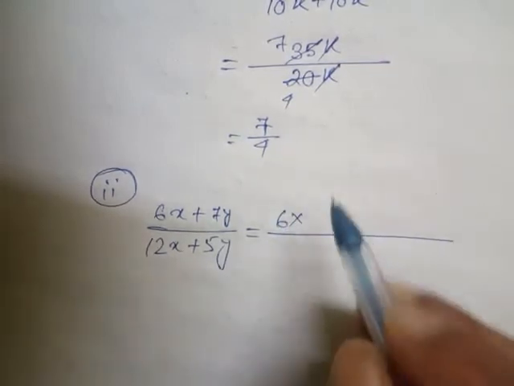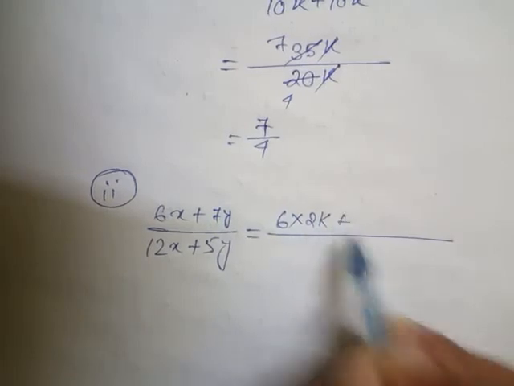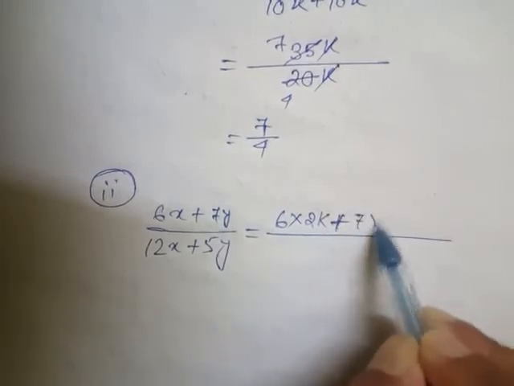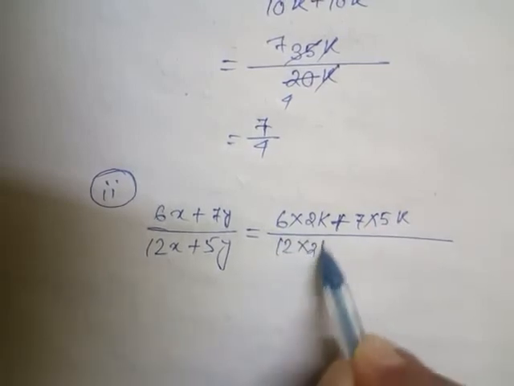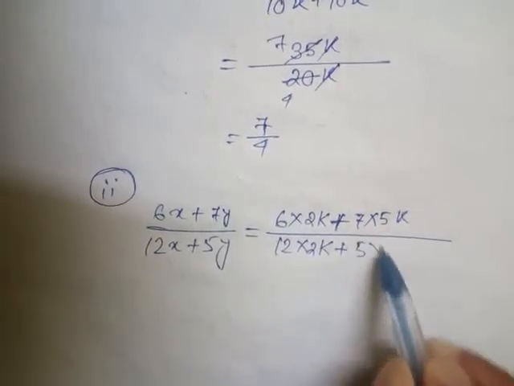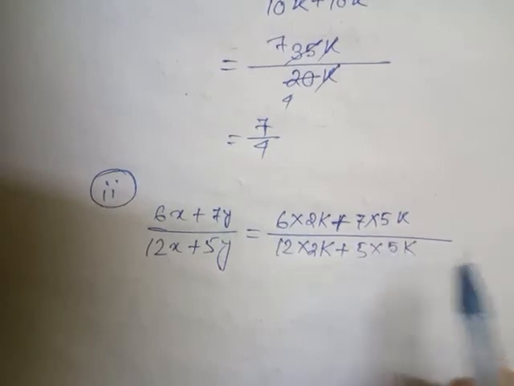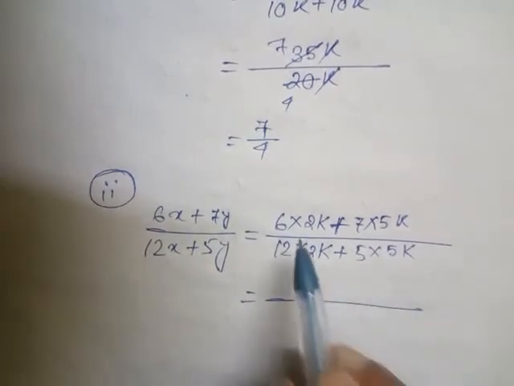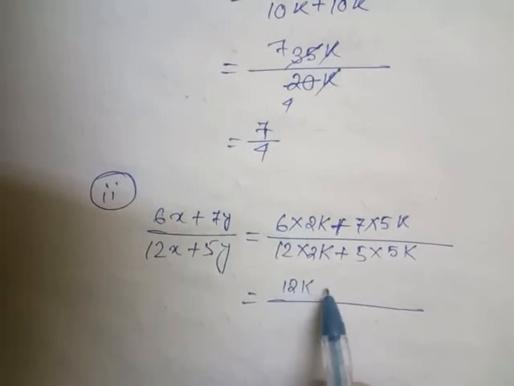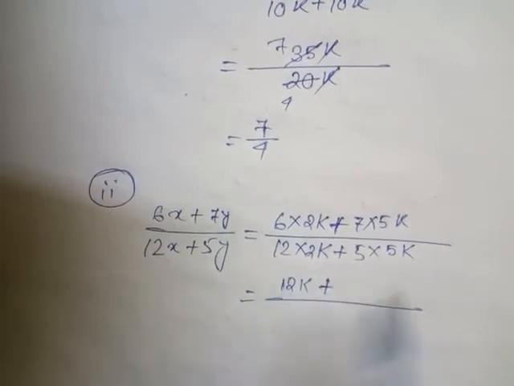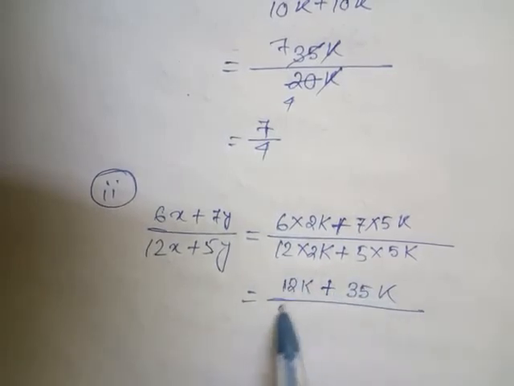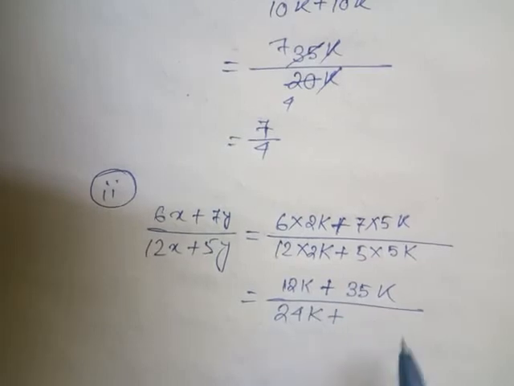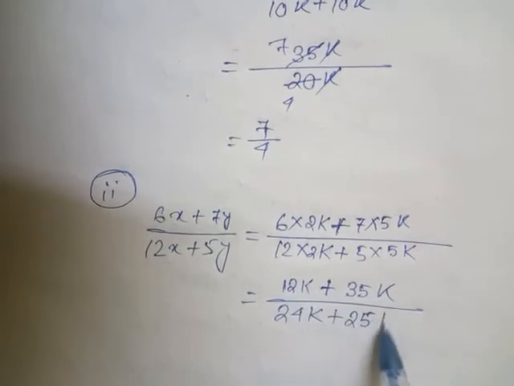6 into x, x means 2k, and 7 into y is 5k. There is 12 into 2k and 5 into 5k. Now 6 times 2k is 12k, plus 7 fives are 35k, 12 times 2k is 24k, and 25k.